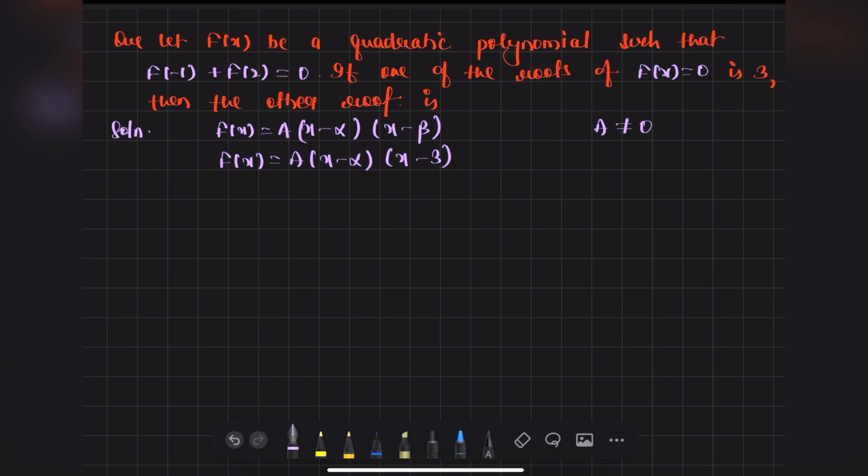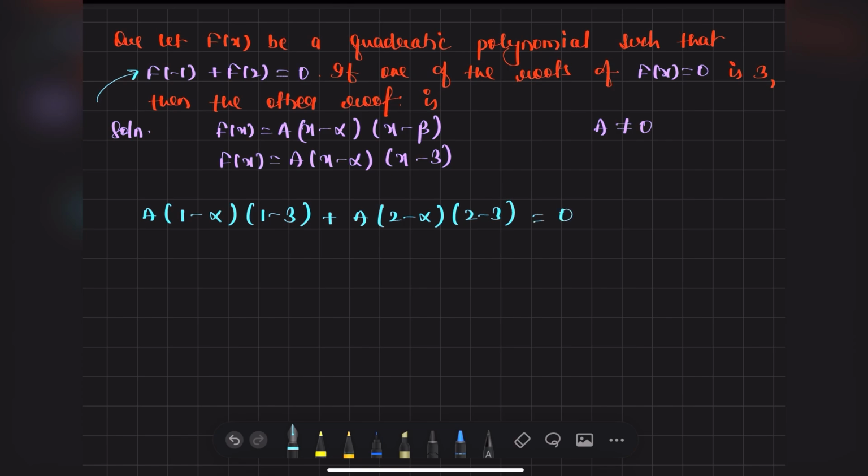Now we are interested in finding alpha, so we'll take help of that one given part. Okay, so f of minus 1, so a times 1 minus alpha, 1 minus 3, plus 2 a times 2 minus alpha, 2 minus 3 equals 0.